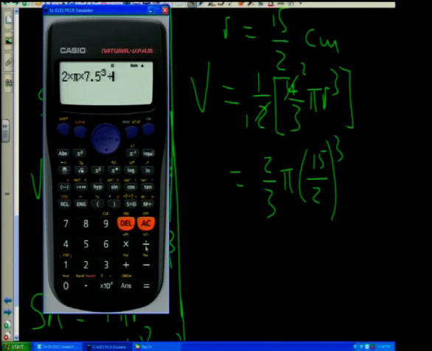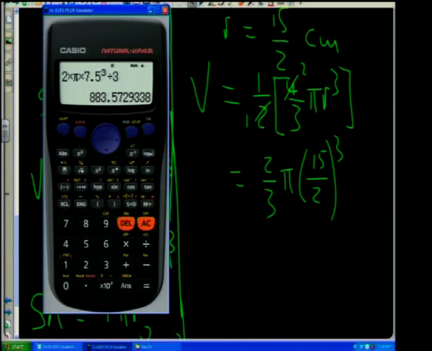Okay, divided by 3. All of this must be divided by 3. And what do I get? Let's just see if we can get this actual number. The actual number that I'm going to get there, that's 883. All right.